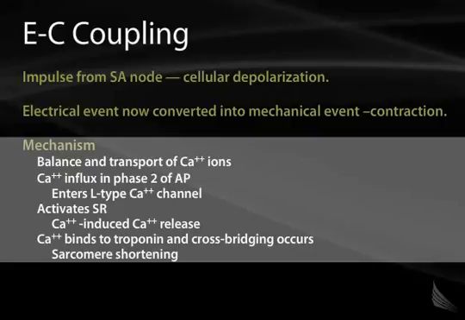The calcium inside the cell also activates the sarcoplasmic reticulum of the cell, which is called calcium-induced calcium release, which further increases the amount of calcium in the cytoplasm of the cell. This calcium binds to troponin and allows for actin and myosin cross-bridging, which allows for the contraction of the cardiac cell.